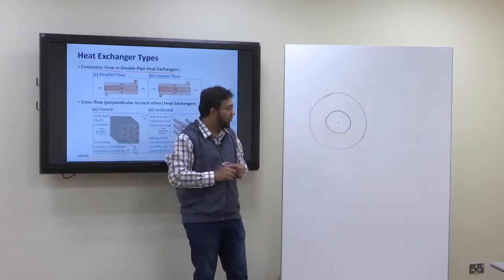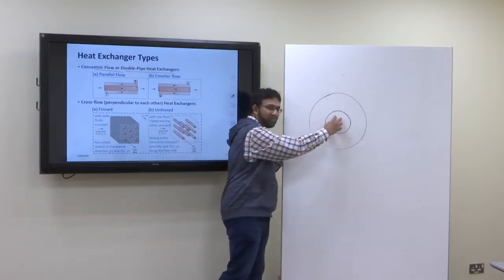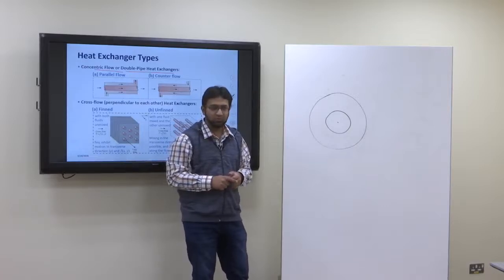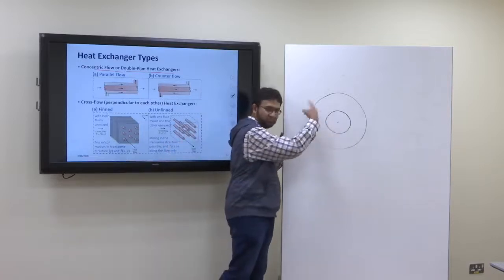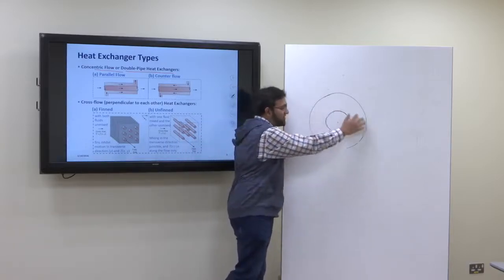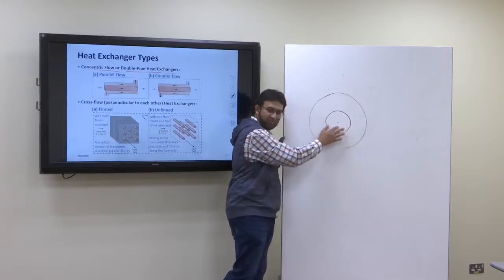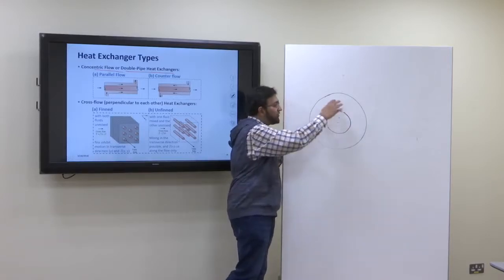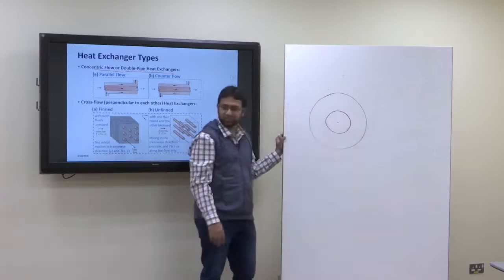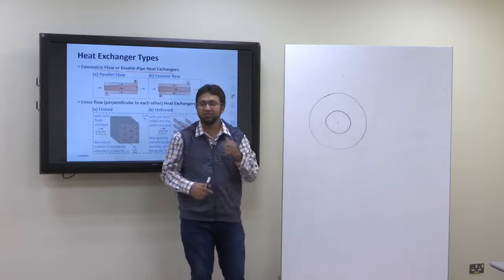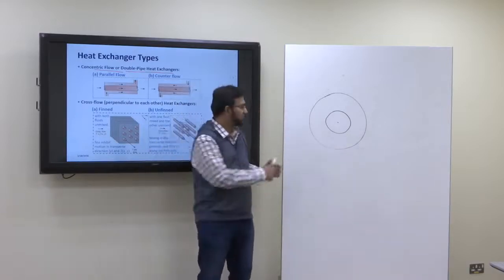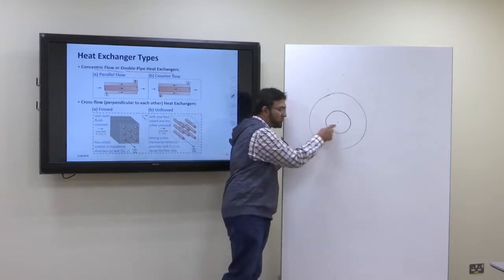One fluid will move through the inner pipe and the other fluid will move through the annulus region. So you remember, this is the annulus region, and this is the inner pipe. Obviously, if there is a temperature difference between the two fluids, heat will transfer from hot to cold.